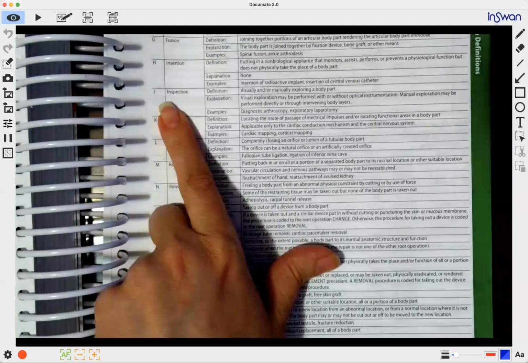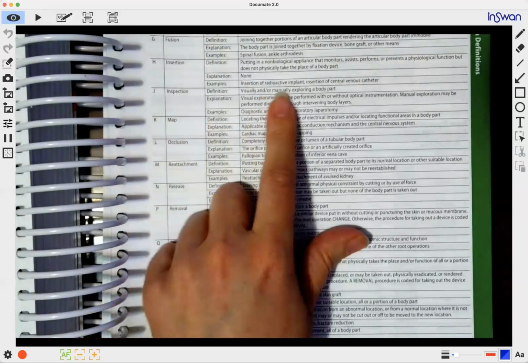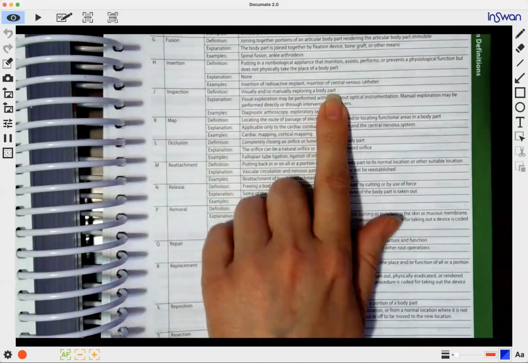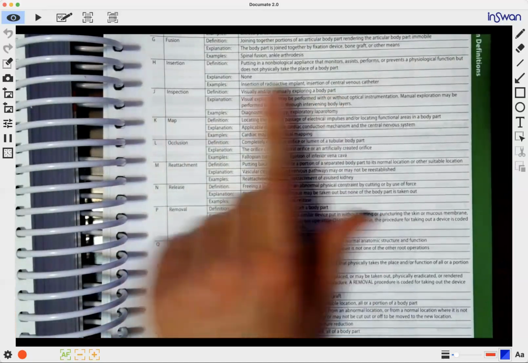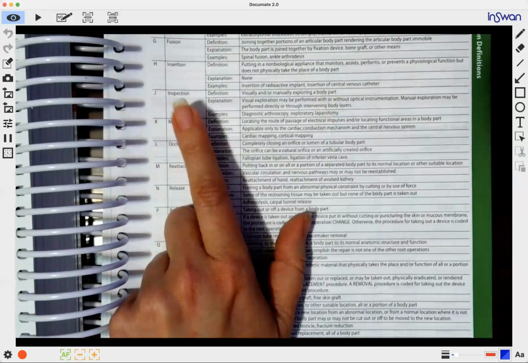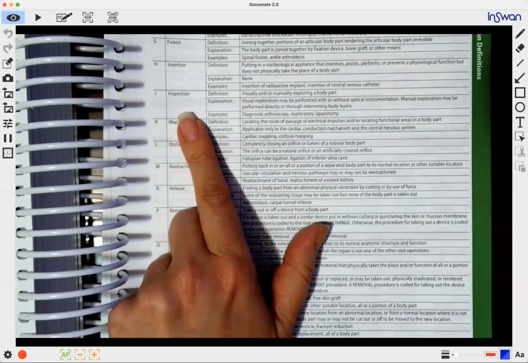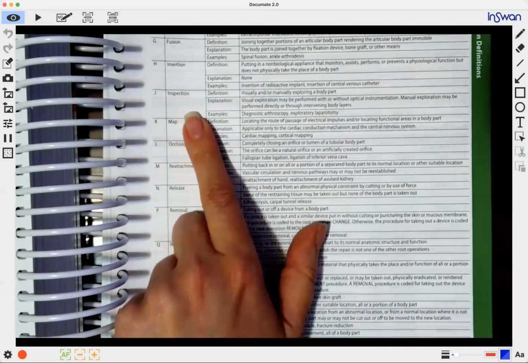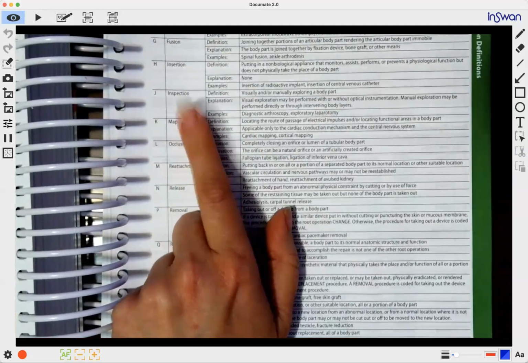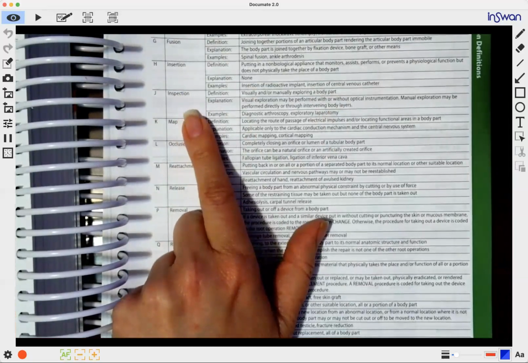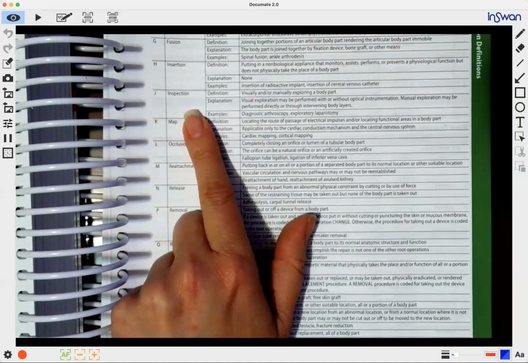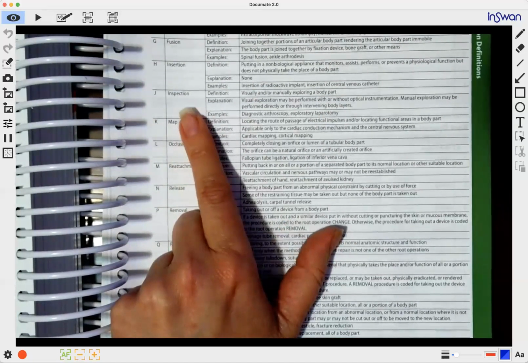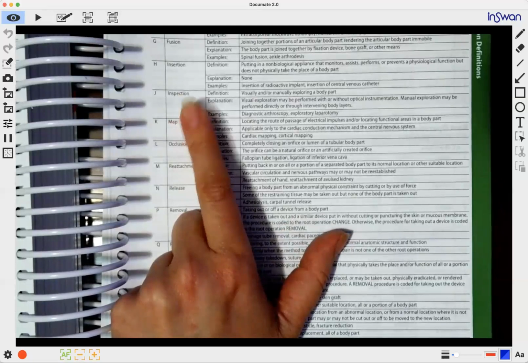Next, we have inspection, visually and or manually exploring a body part. Your inspection procedures, I want you to be a little bit careful about, because if you use your alphabetic index to look up the oscopies, they mean that a scope was used to visualize, but we always have to come back to what the objective of the procedure is.